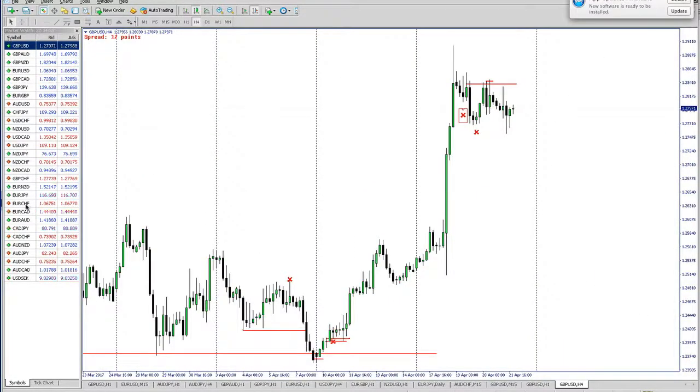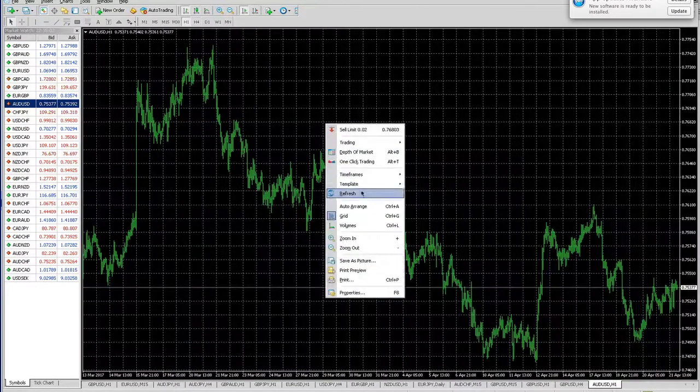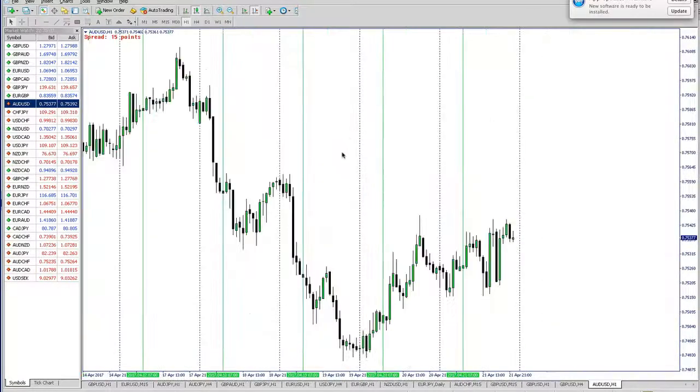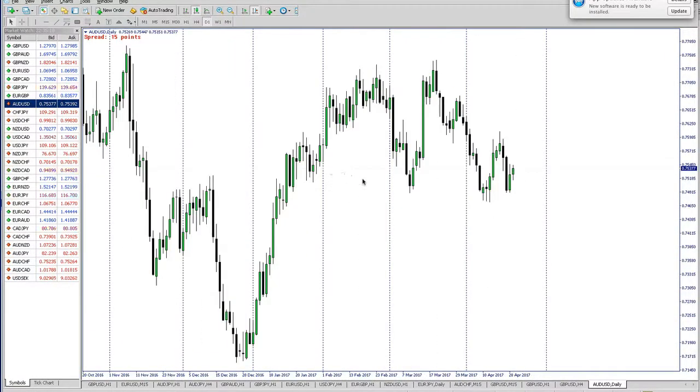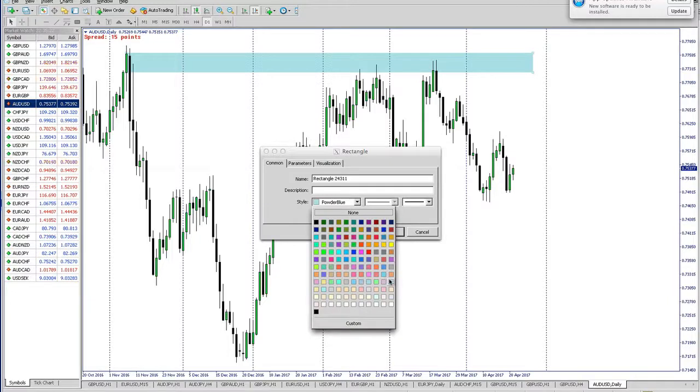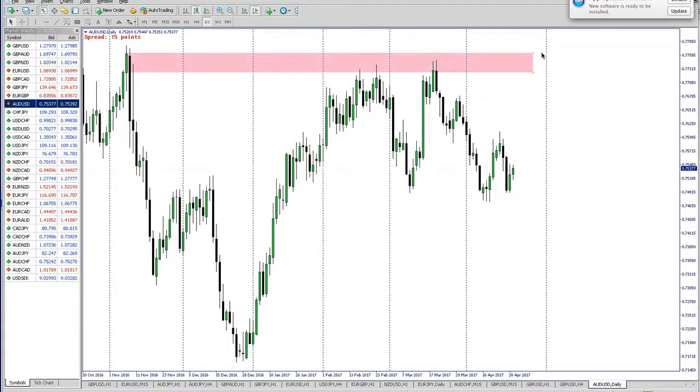Let's choose a different pair. AUD USD I don't really trade, so let's take a look at this. Daily. Here's a nice one. So we've got a clear daily order block there. Might be a long video, guys, but I'm going to go into a lot of detail.